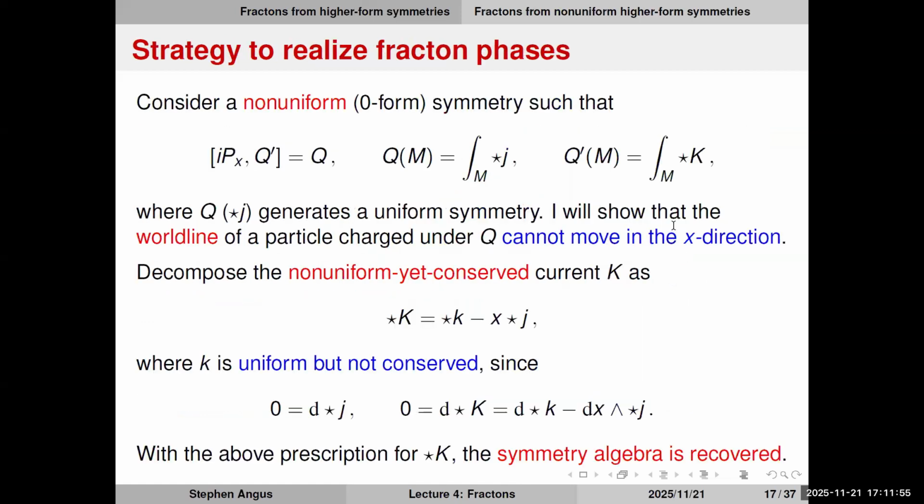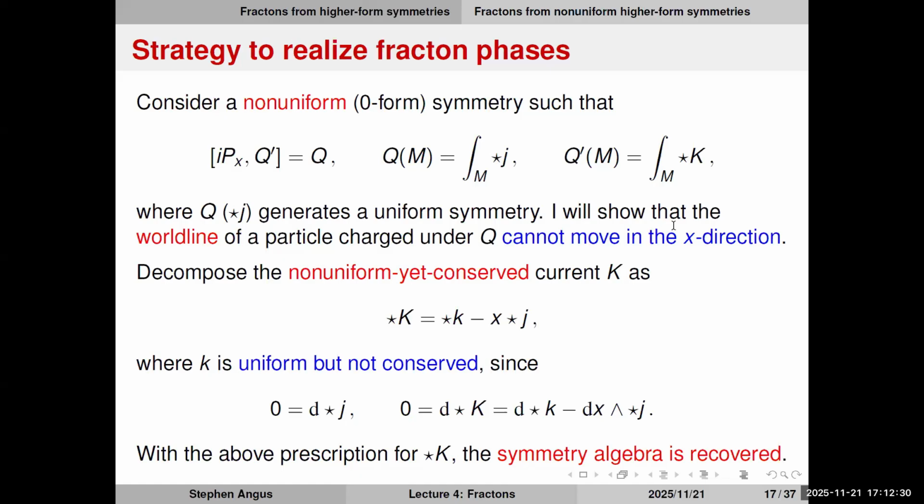So with this, let's consider the following symmetry algebra. If we just have a non-uniform ordinary zero-form symmetry, such that we have two charges, Q and Q prime, and we consider this commutation with P_x, so translations in the x direction, the commutator with Q prime closes onto Q, and then Q itself commutes with all translations.